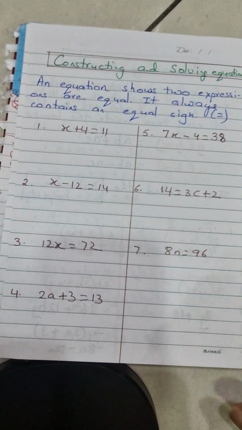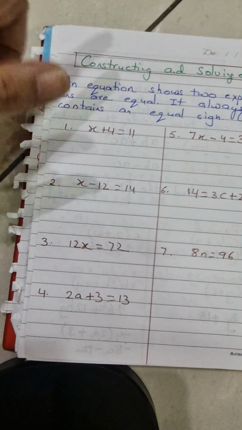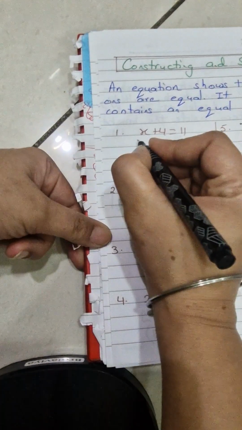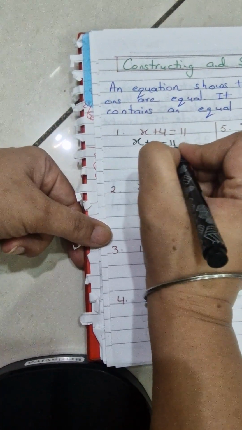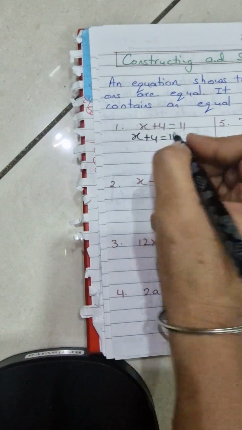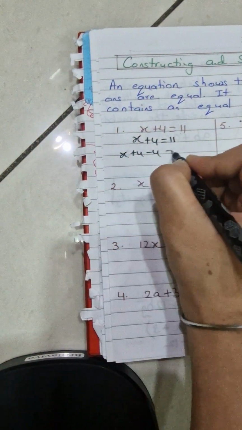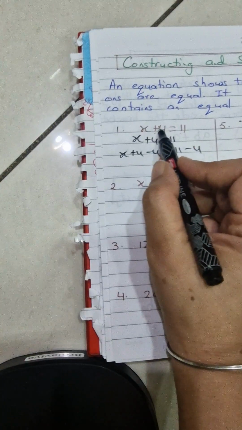We have to solve. So x plus 4, here we will use the inverse operation. If it is positive, it becomes negative. If it is negative, it becomes positive. So x plus 4 equals 11. Now on both sides we will do minus 4. So x plus 4 minus 4, 11 minus 4.